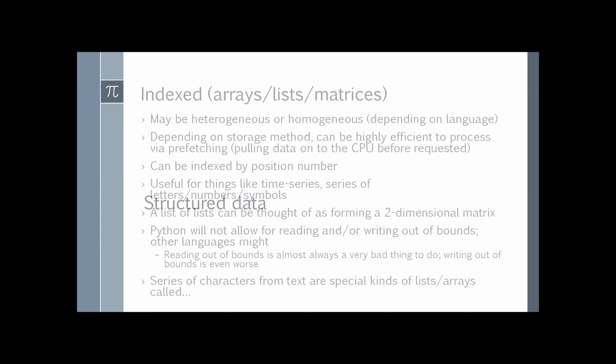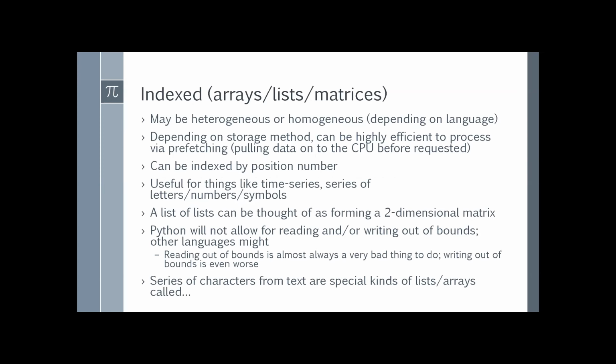So structured data, this is where we start getting into more complex things where we have data organized. We're typically going to take some of these very simple values, for example, Booleans, integers, single characters, or floating point numbers, and we're going to start putting them into a matrix or an array or a list of values or whatever you want to call it.